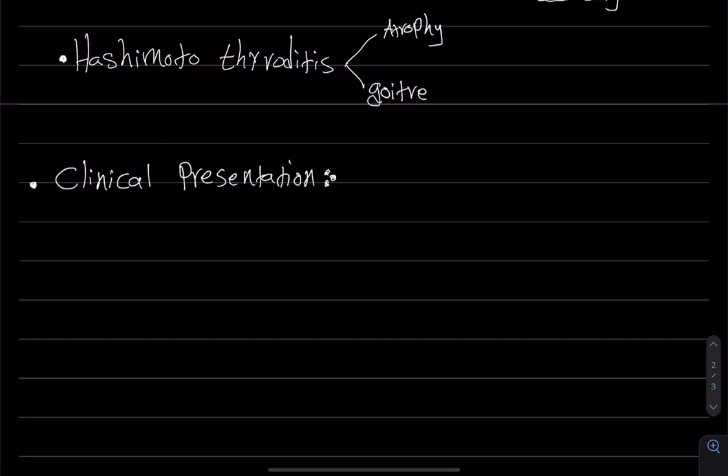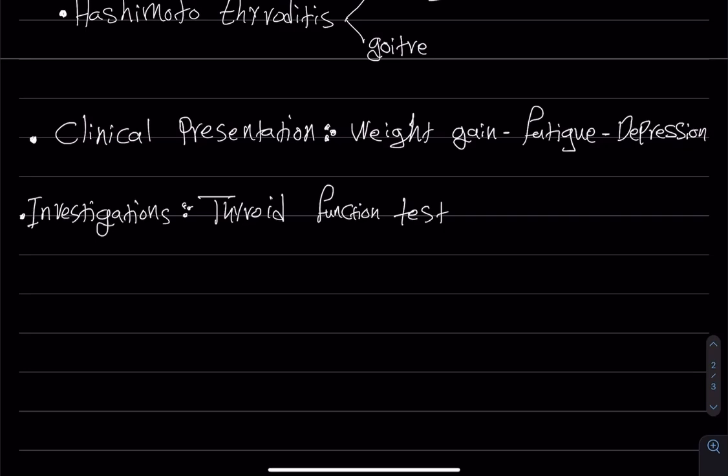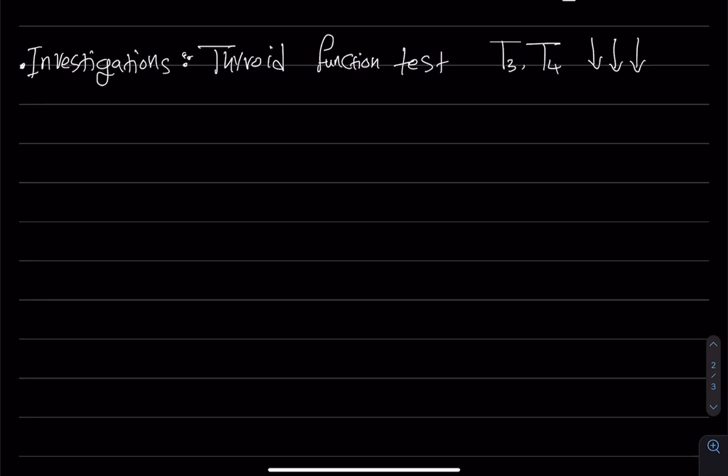Now, this patient may gain weight and become fatigued, have low mood and may be depressed, constipated and bradycardic. Whenever you see such a presentation, you send for thyroid tests. Easily, the thyroid tests will show you that there is a decreased amount of thyroid hormones, so you can diagnose primary hypothyroidism.